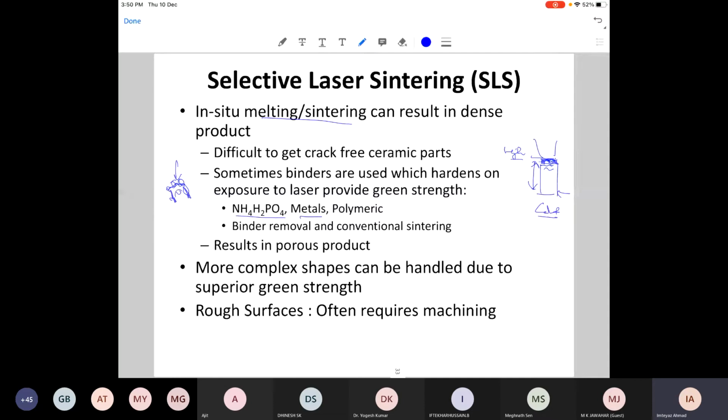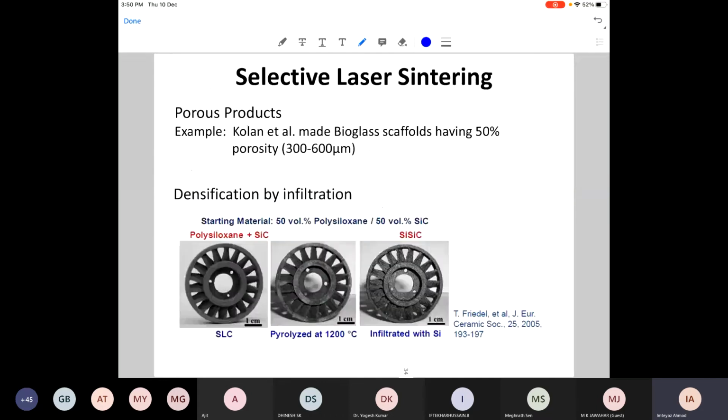Sometimes this inner part is not sintered well. As a result, when you keep building it up, you will have these pores which cannot be filled by anything, and it remains porous. So the green strength, and as a result the strength of the final product, is not good, and because of that there are also generally rough surfaces. I will show you some examples of it.